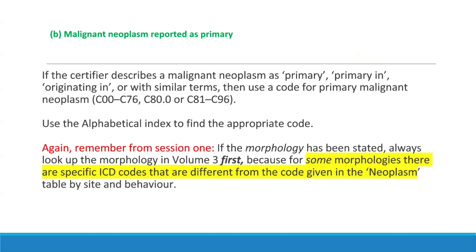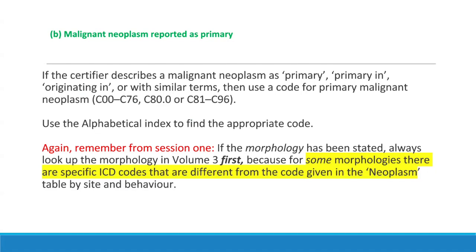This slide provides guidelines on coding malignant neoplasms reported as primary. When a certifier describes a neoplasm using terms like primary, primary in, or originating in, the appropriate ICD codes to use are from C00 to C76, C80.0, or C81 to C96.